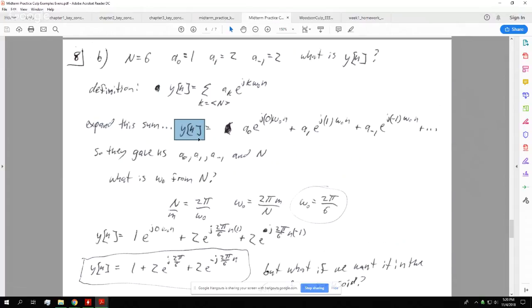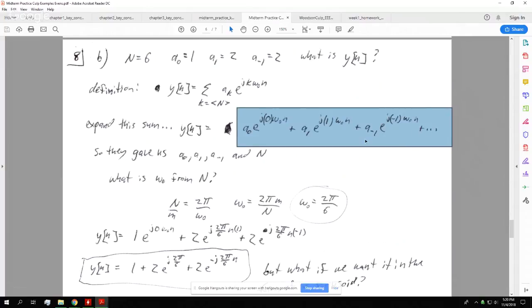So y of n expanded over a single period, whatever that period might be. Here our period is 6, so I should have done 6 terms, but I ran out of space and got lazy, so I only did the first 3 terms. Our first term is a0 times this complex exponential evaluated at k equals 0.